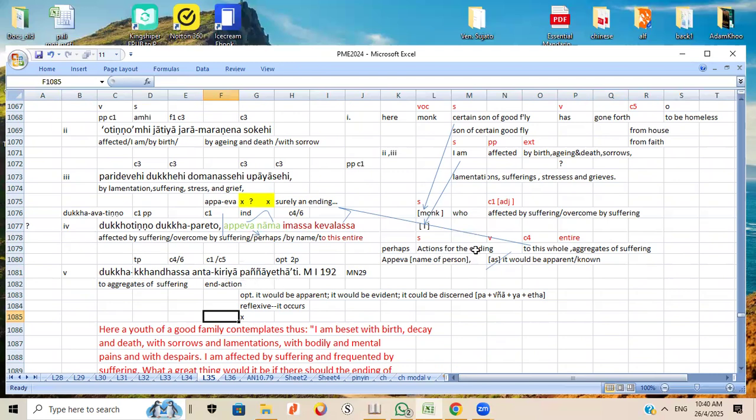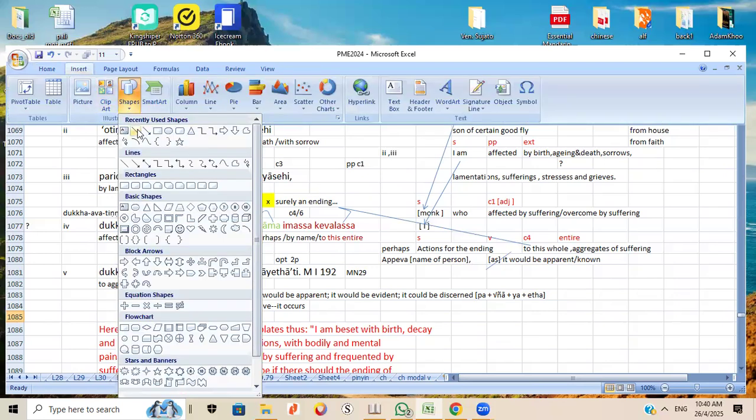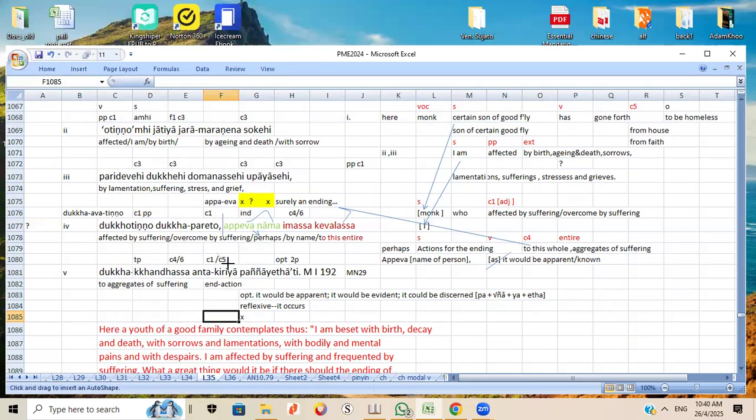That means I put "action for ending". This is a compound. Action for ending to this whole aggregate of suffering. So this becomes a subject. You see? This is my logic, so whether you see the same logic as what I see. So I put it as a subject. Then this one, perhaps, makes sense already. Perhaps action for ending to this whole aggregate of suffering.